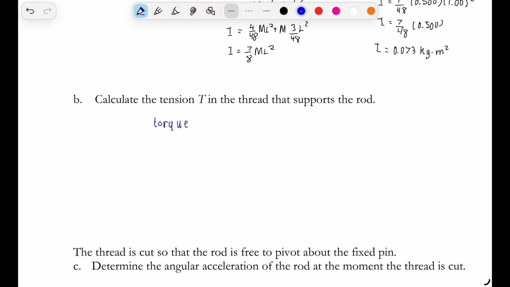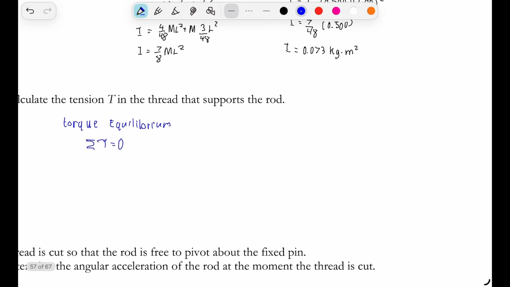If it's a fixed support, that means that we have torque equilibrium, and that means that the summation of the torque is going to be equal to 0. So then we can find the torque from the tension.